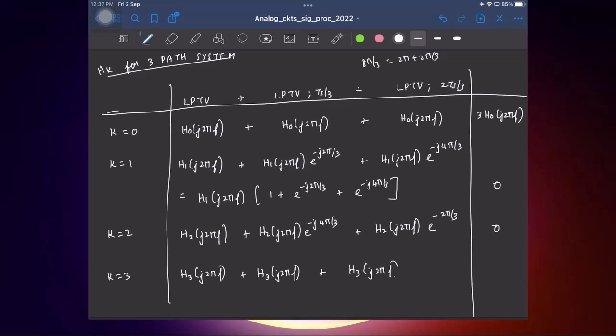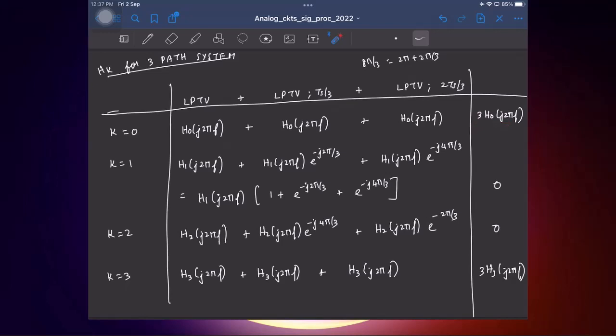So we have 3 times h3 of j2 pi f, right? And we can generalize it for an n-part system, only h0, n, and so on will be non-zero, and the overall harmonic transfer function will be n times the harmonic transfer function for the original LPTV network.